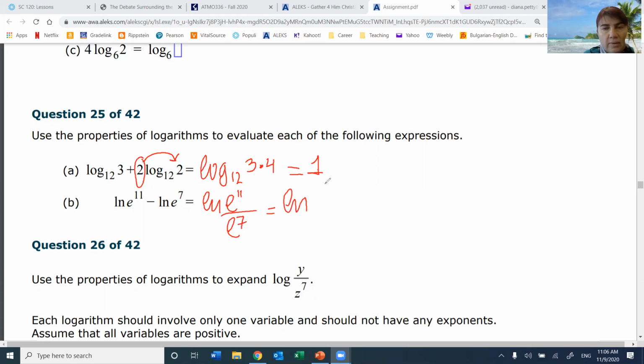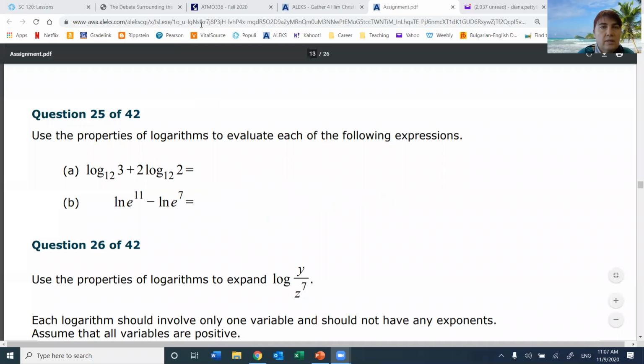You can do it the other way, but this is, I think, the way intended. 11 minus 7 is 4. So what would be the answer for B? Yes, 4. Yeah, it is correct.